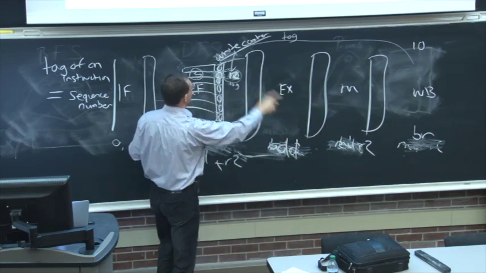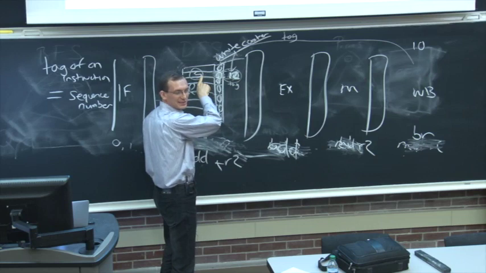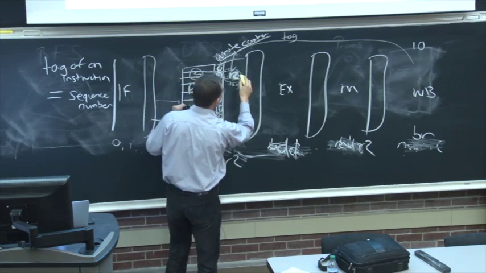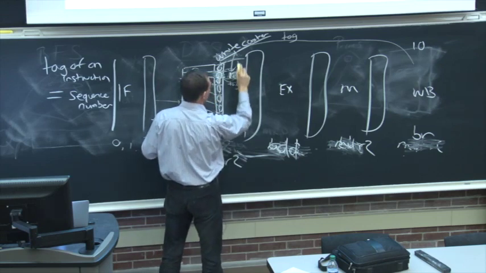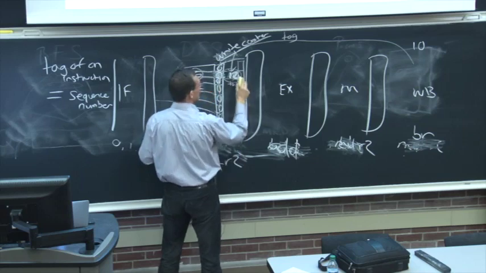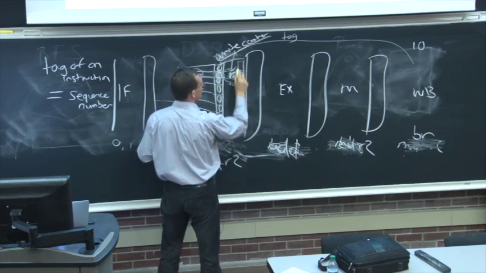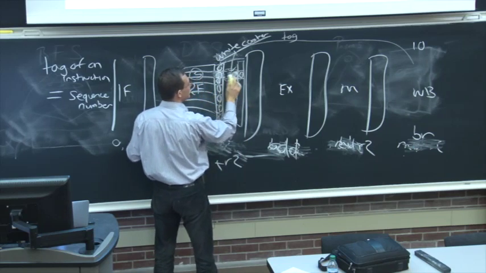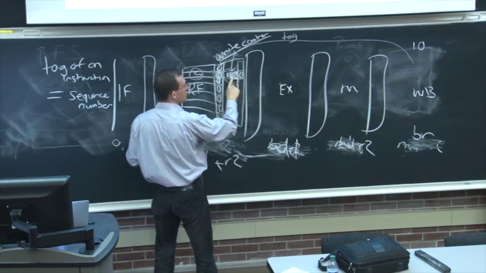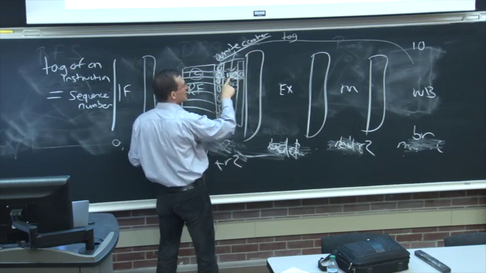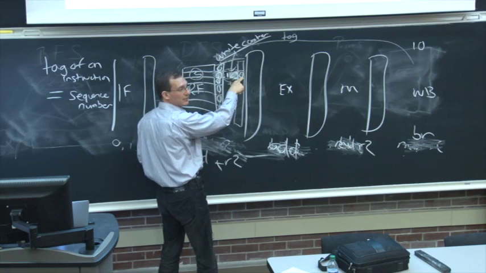Which means that this multiply is not going to write to the register file. Make sense? And of course, you may need something else like a valid bit. Actually, let's do that. You also have a valid bit that's set to 0 when an instruction that's writing to that register is decoded. Because these two tags do not match, this valid bit still stays 0.